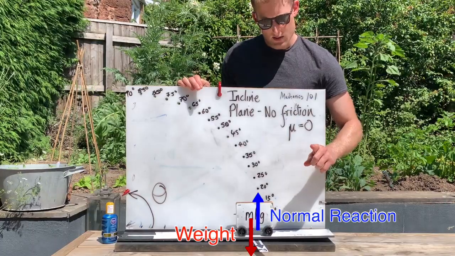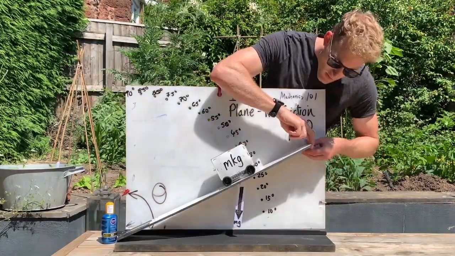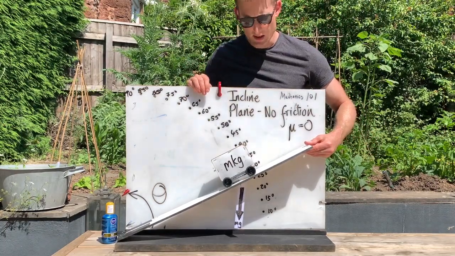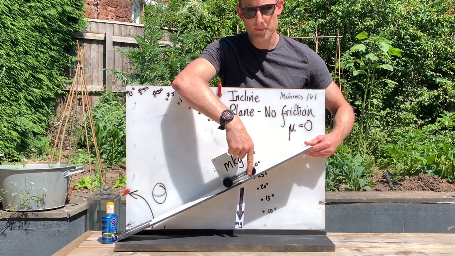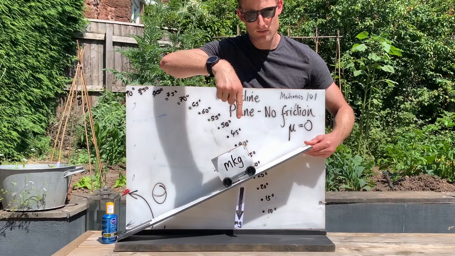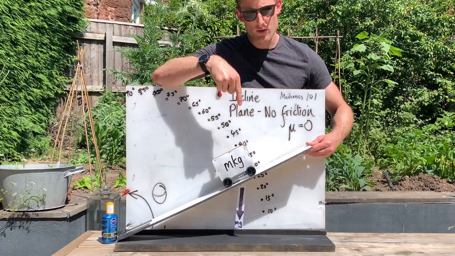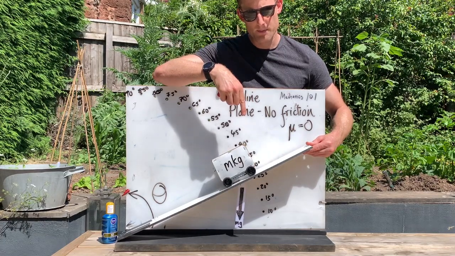What you need to pay attention to is what happens to the direction of the weight. If I hold my particle here, hopefully you can see that the weight acts straight down vertically. This seems like an obvious thing, but gravity always acts straight down. So that component of the force, its weight, will always be straight down.